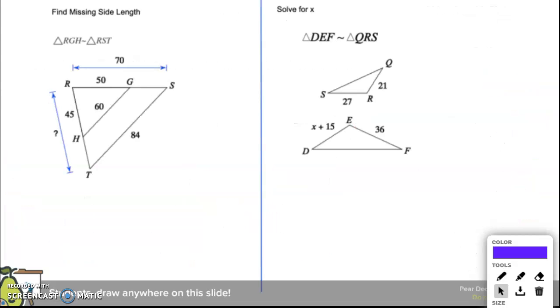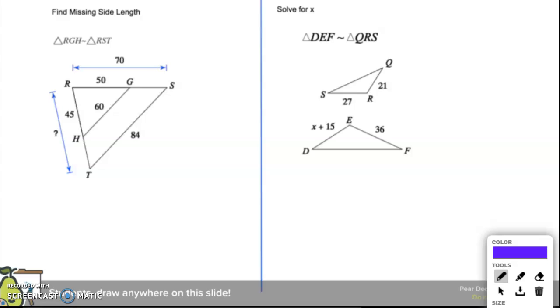Okay, so this time we have to find the missing side length. We're told that triangle RGH is similar to triangle RST. So RGH is the smaller triangle and RST is the bigger triangle. Since they're similar, the proportions are going to be the same.